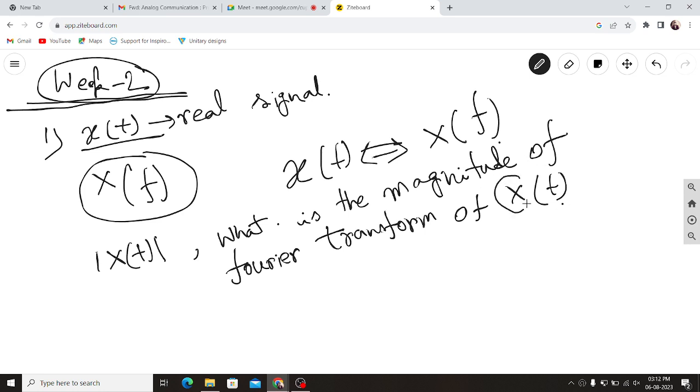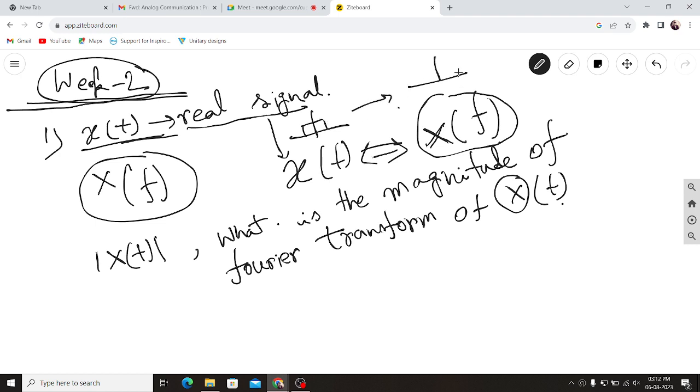So basically, we started with a signal x(t) that is a real signal, and if we convert it into the Fourier domain, it will become X(f). It will get another representation. For example, if x(t) is a square signal in this domain, if we do the Fourier transform, we know it goes like sinc pulses.